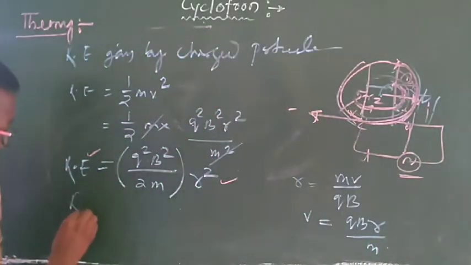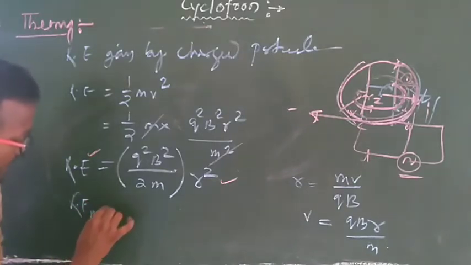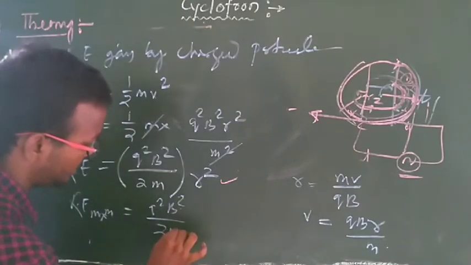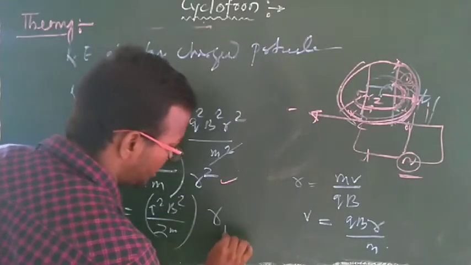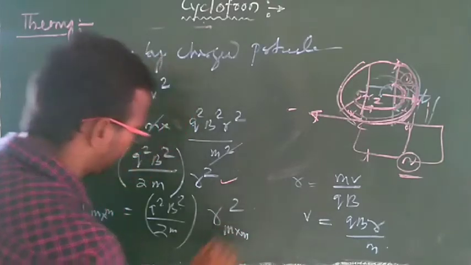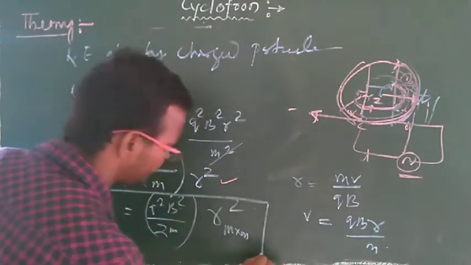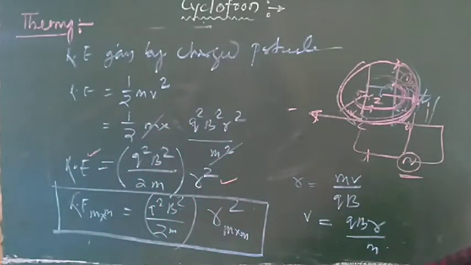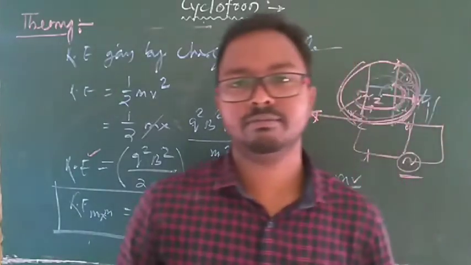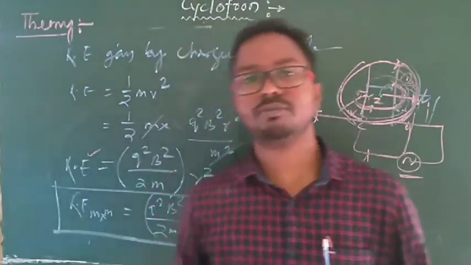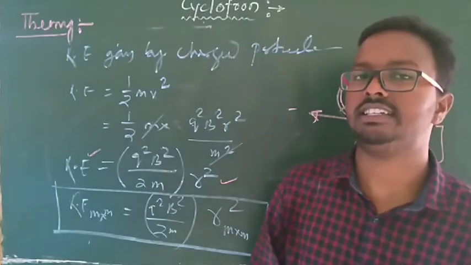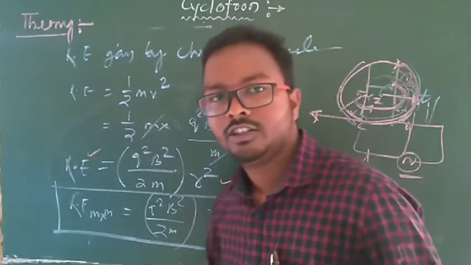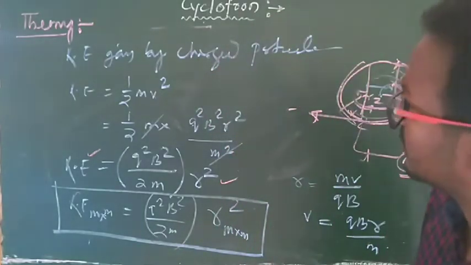So kinetic energy will be maximum when the radius of the circle is maximum, since q square B square by 2m is constant. When the charge particle reaches the periphery, its speed is maximum, because it passes the electric field a number of times. So its velocity increases, its speed increases, and it gains maximum kinetic energy. Clear? So this is all about the cyclotron.